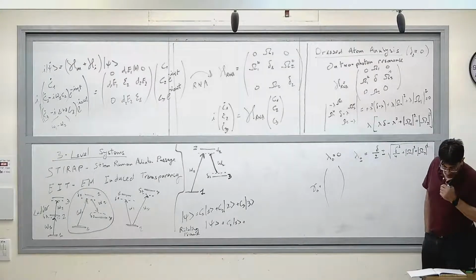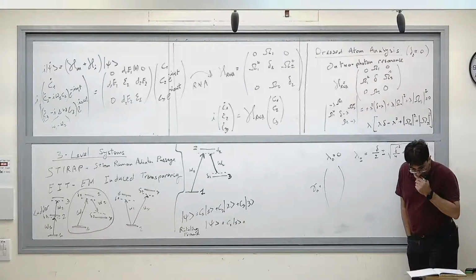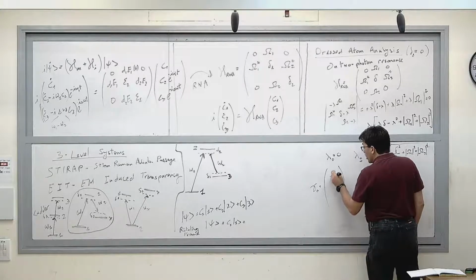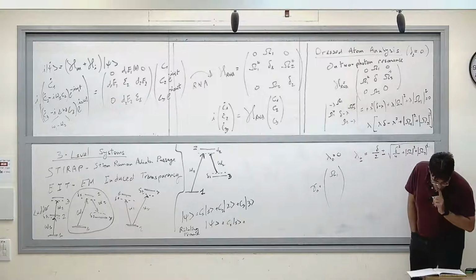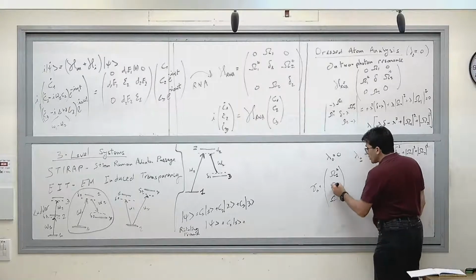So indeed, we can put here, I'll write it like that. It is omega 1 or omega 2? No, this is omega 2, I think also star, and here omega 1, and here 0.